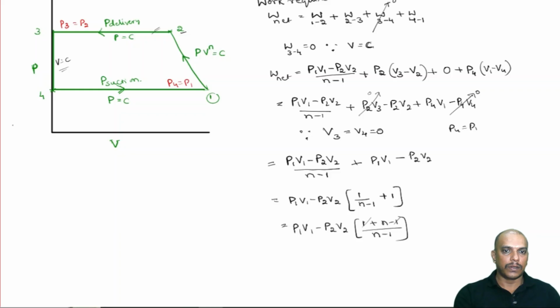Now, this cancels out, we will have work is equal to n by (n minus 1), I am just rearranging, n by (n minus 1) into (P1 V1 minus P2 V2).